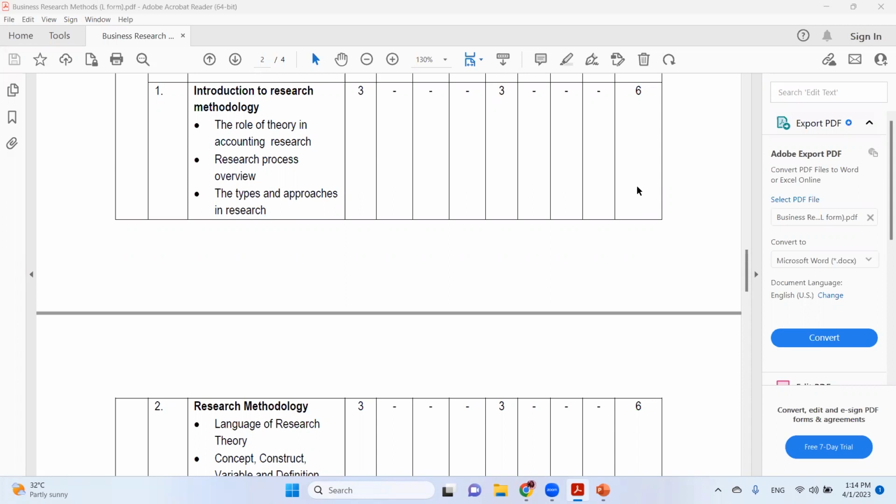So I think it's clear. Please make sure you complete the given tasks on time. You can't postpone tasks of this subject, right? That's the main thing I want to highlight here.